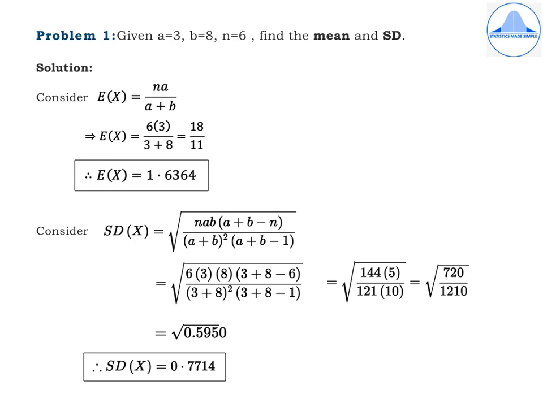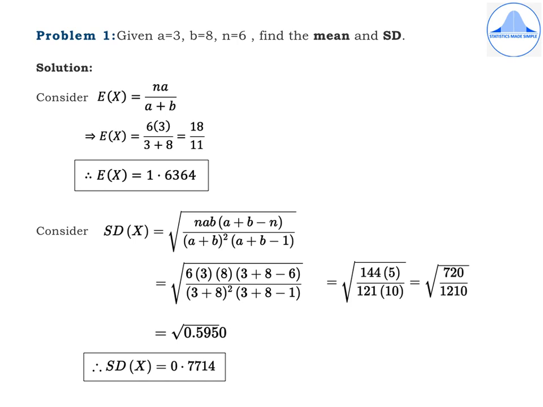Next, write the standard deviation formula. SD of x is equal to root of nAB into A plus B minus n divided by A plus B the whole square into A plus B minus 1, which is equal to root of 6 into 3 into 8.